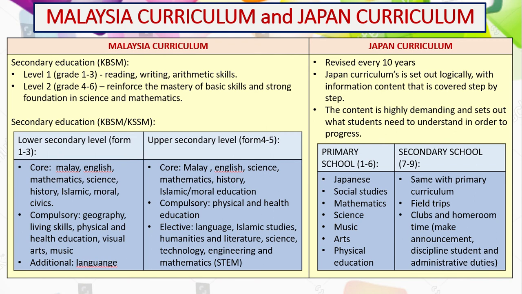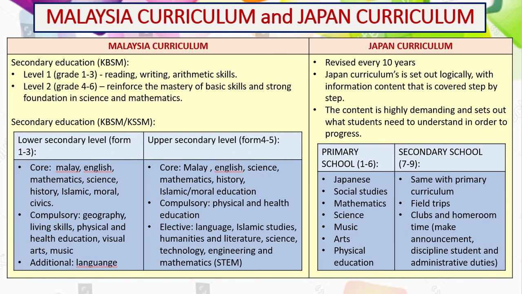Next, let's look at upper secondary level, which is Form 4 and Form 5. For your information, Form 4 for this syllabus will be using KSSM. However, Form 5 will be using KBSM.